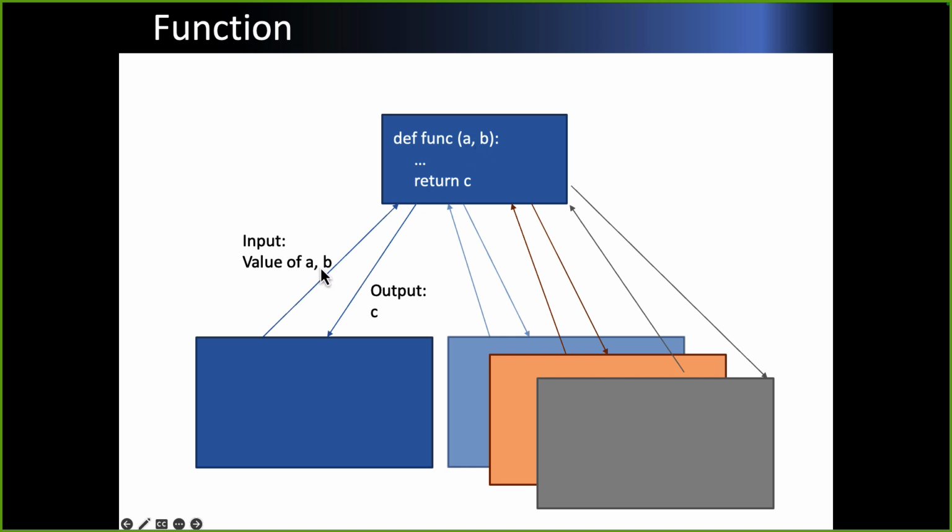Then this function receives those two values and computes. Whatever this function wants to return, that will be c. So c will be returned. That will be the output of this function invocation. These invocations can be done multiple times, not only one time.